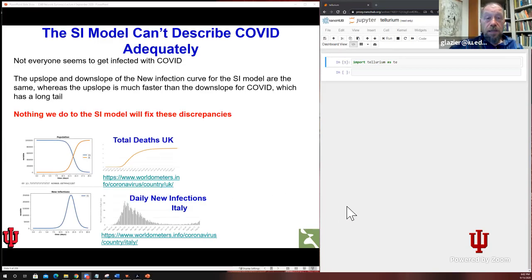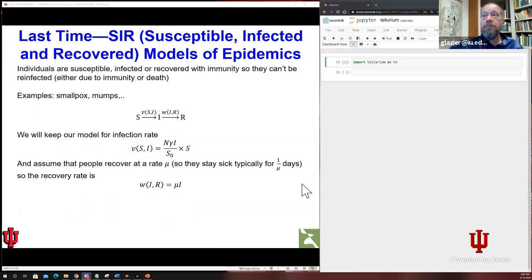So we saw last time that the base SI model was not a very good model for the disease. We know people recover, so by definition, SI wasn't a good place to start. And we wrote down this idea of an SIR model: susceptible, infected and infectious, recovered.